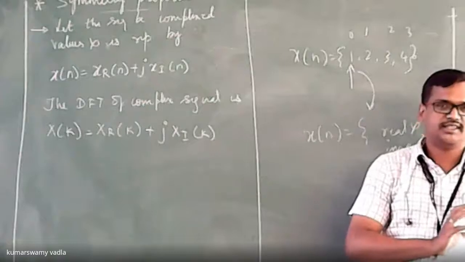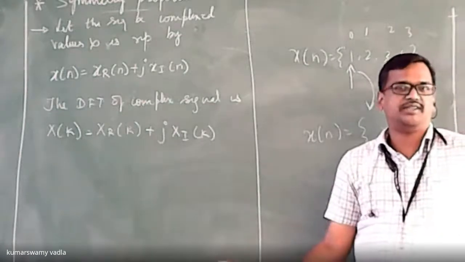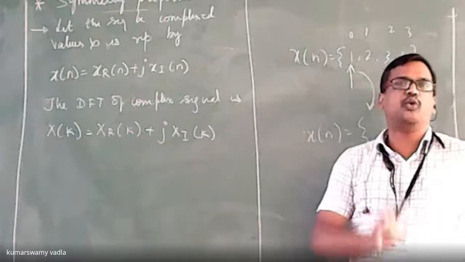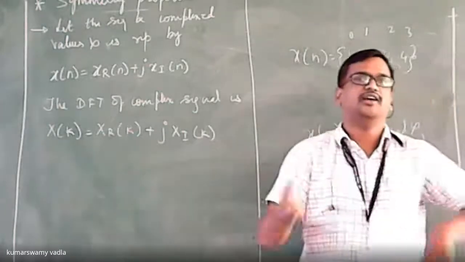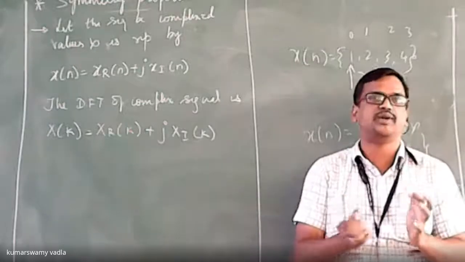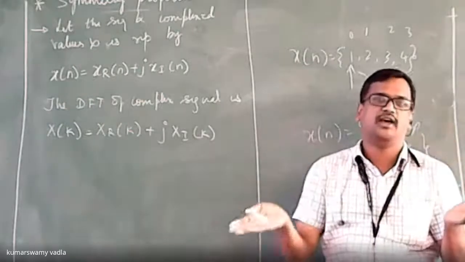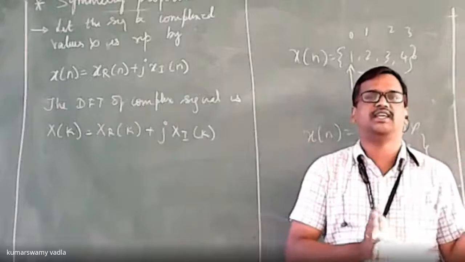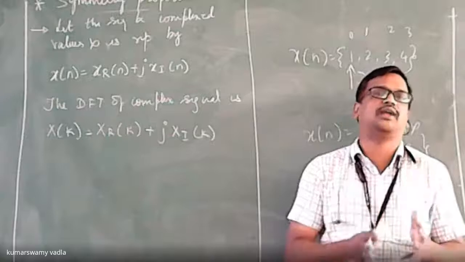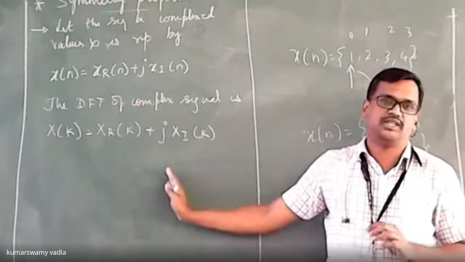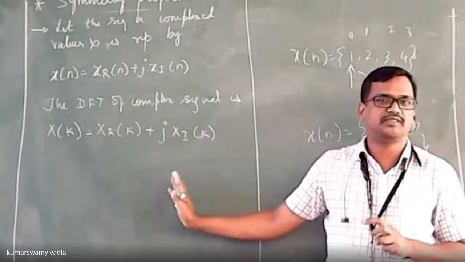Is the point clear, friends? This derivation is necessary to know what will be the DFT of a signal whose input sequence is both real as well as imaginary. Is the point clear here, students?